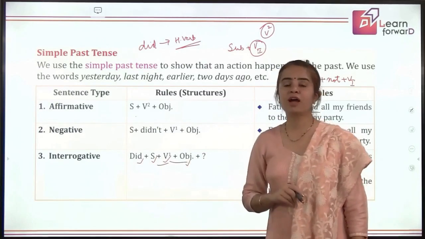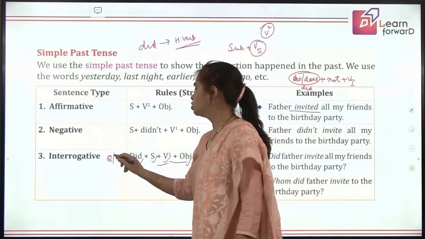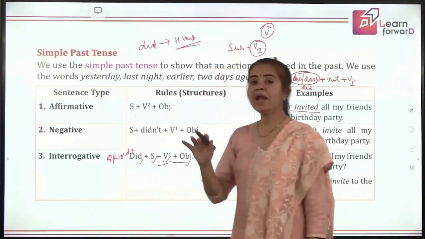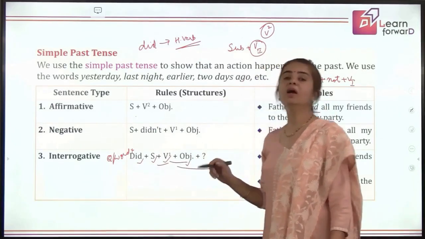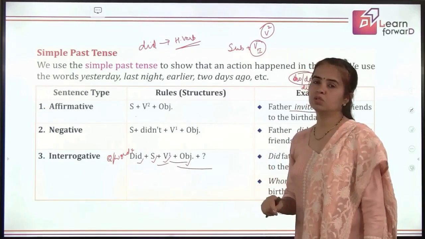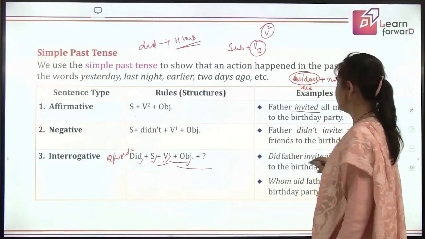And if you have to introduce a question word here, so you can just write a question word before helping verb. It will come in the beginning and then you will omit whatever is extra in the sentence, which is actually giving an answer to your question word. Like, did father invite all my friends to the birthday party?